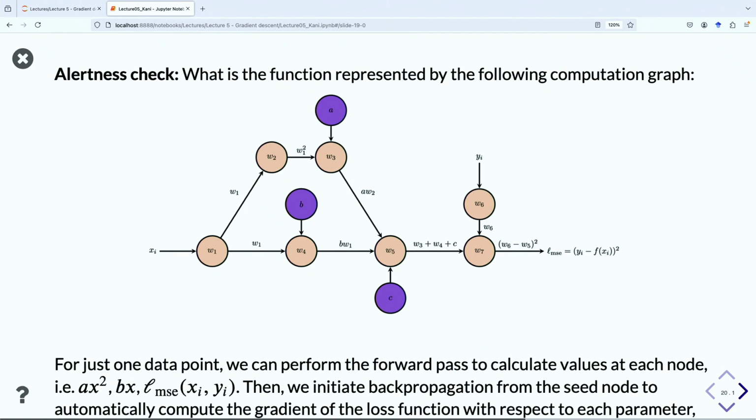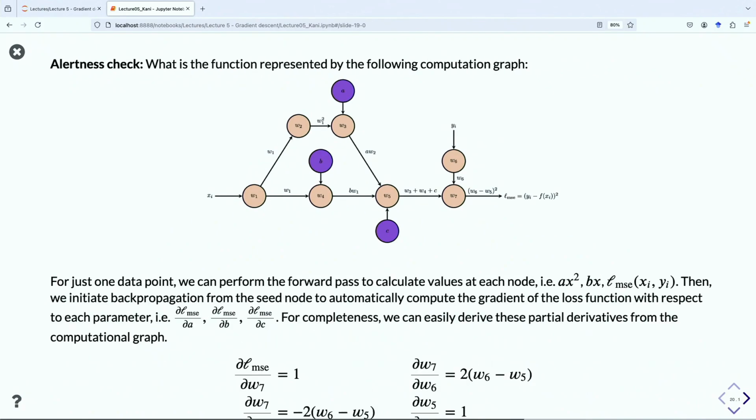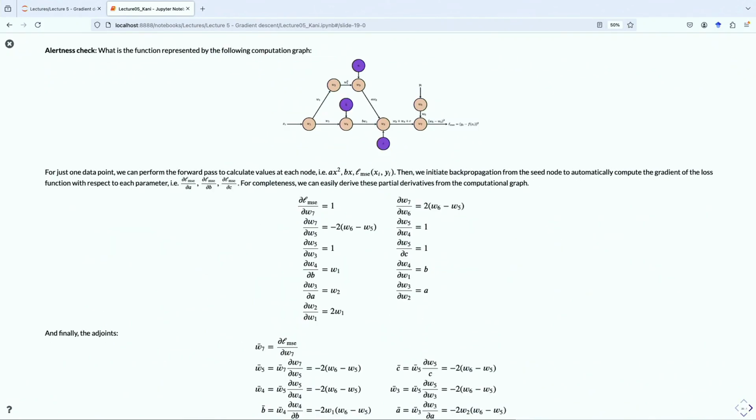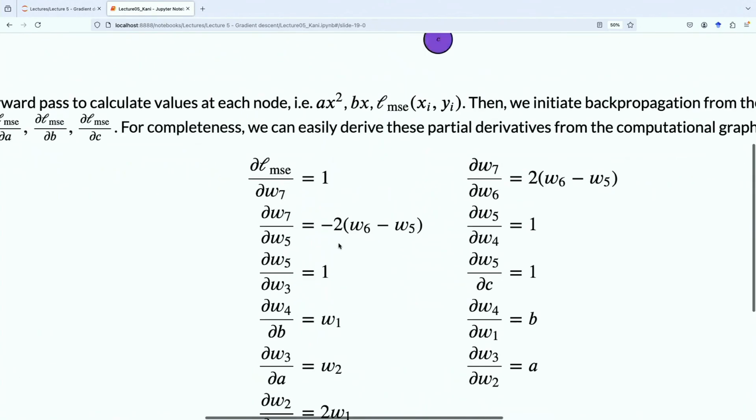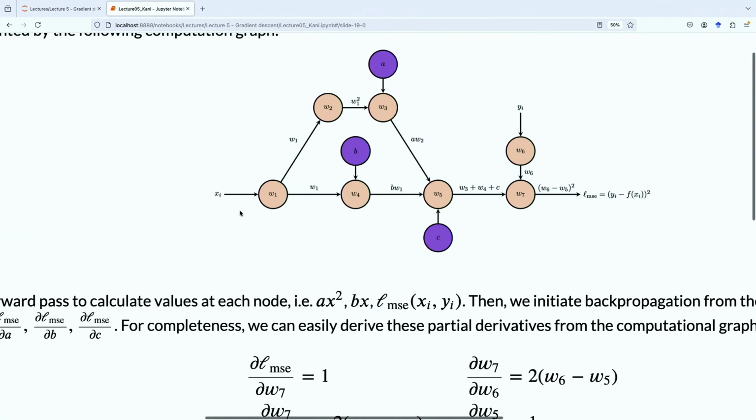So we calculate the gradients like we did before. Namely, what we're trying to do in this case is we have a particular input, and we're trying to fit this function to a particular output value.